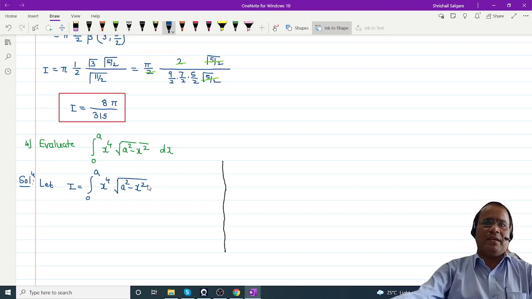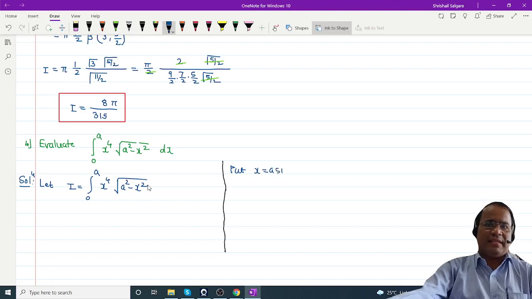Okay. So put x by a, which means x is equal to a sine theta. Suppose you may continue with cos theta also. Both work. So this implies dx is nothing but a into cos theta d theta. And the limits, given limits for x are 0 and a.